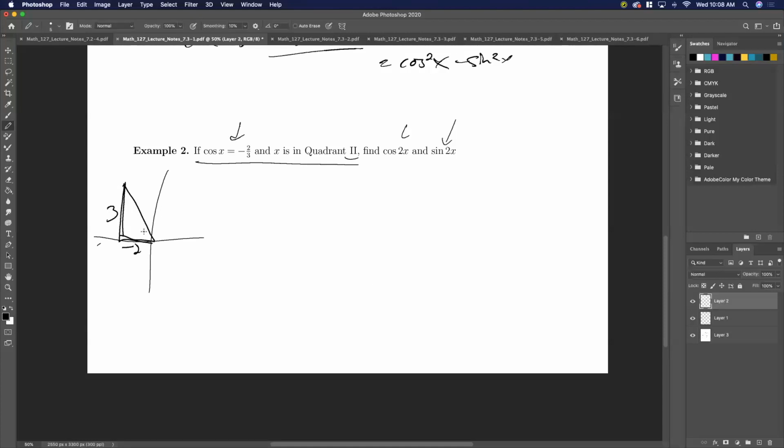Write on the right thing so I can do this. This will be my x. Well, this is -2. Oops, I put this in the wrong spot, didn't I? This is -2. The hypotenuse is 3, so it goes here. And I want to figure out what this is. How do we do this?